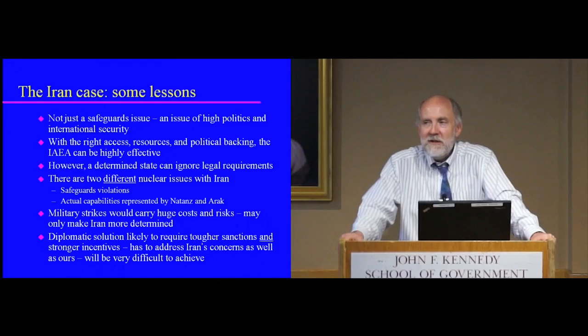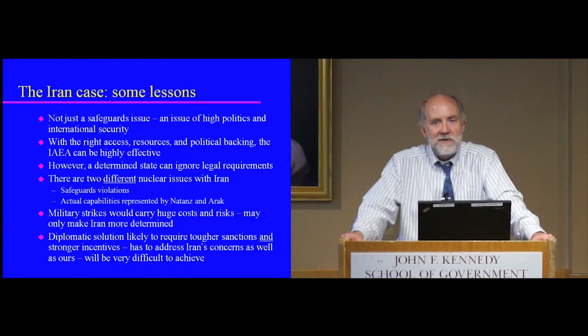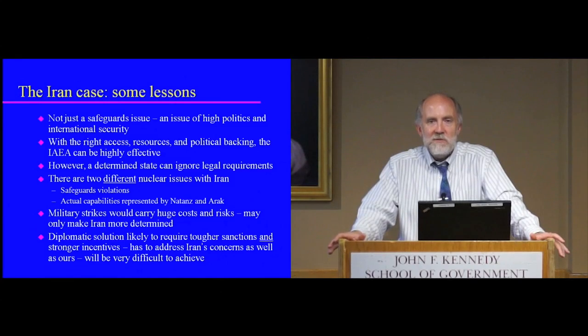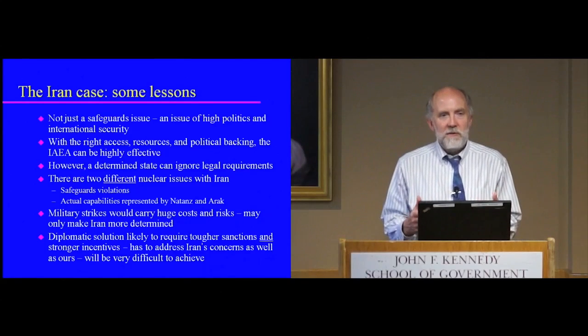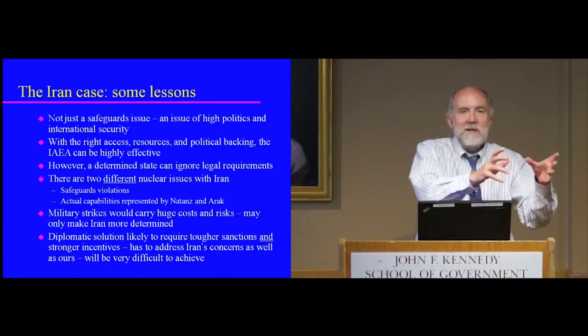However, it's clear that a determined state can ignore legal requirements. There have been a series of legally binding Security Council resolutions, and Iran has said, we think those resolutions are illegitimate and we're going to ignore them. As with some of the other cases we've looked at in this class, there are two different nuclear issues with Iran. There's an issue of compliance.